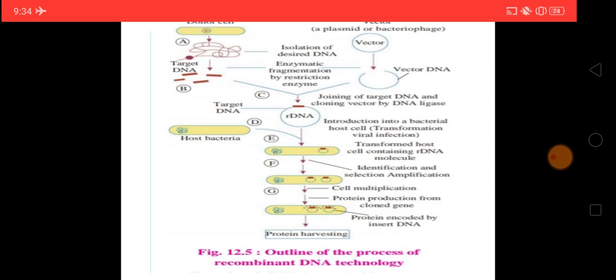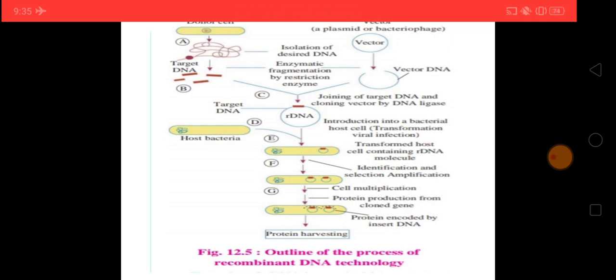After the formation of recombinant DNA, there is transfer of rDNA into a suitable competent host or cloning organism. So this chimeric DNA now is introduced into the competent host cell, that is the bacterium. The cloning organisms used in plant biotechnology are E. coli and Agrobacterium tumefaciens.